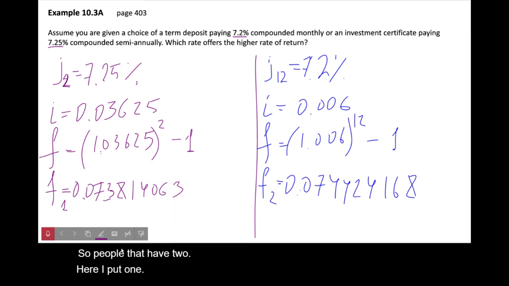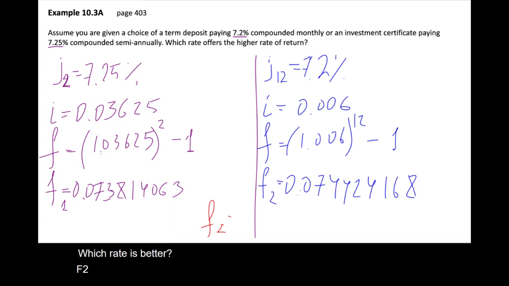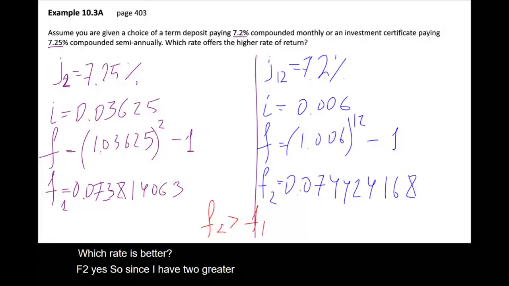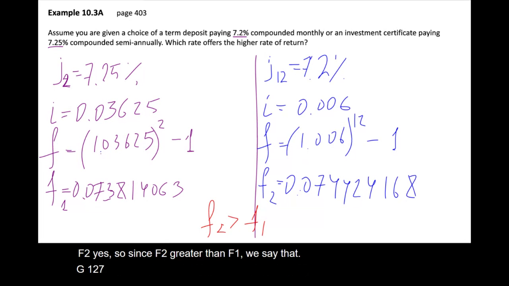Okay, so which rate is better? F2, yes. So since F2 is greater than F1, we say that J12 at 7.2% works better than the other option.